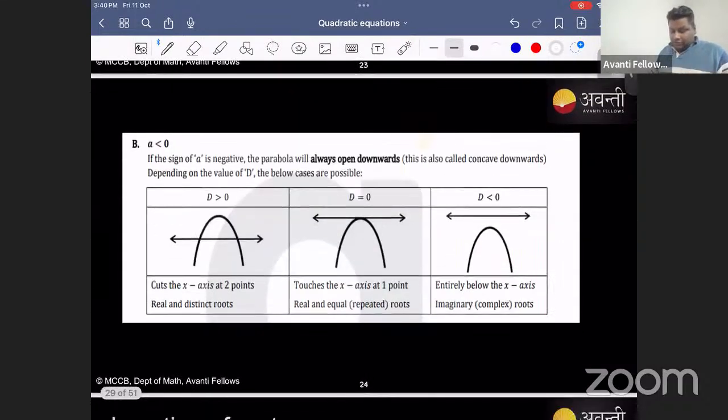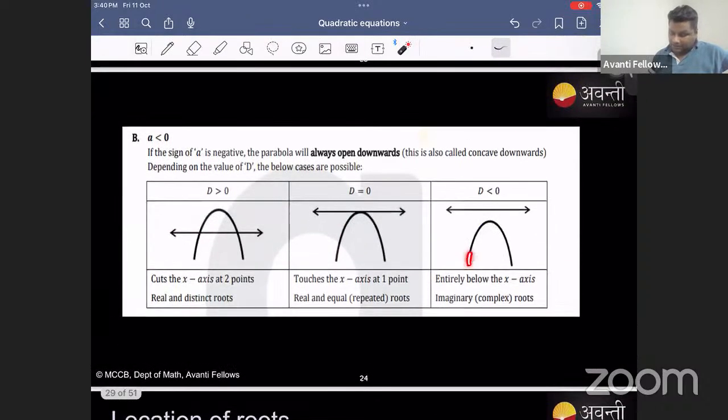Now, same kind of situation will be while it is downward opening parabola. Again, D positive, intersecting at 2 points, D equal to 0, having repeated roots, and D less than 0, then this kind of situation will occur. No contact with the x-axis.